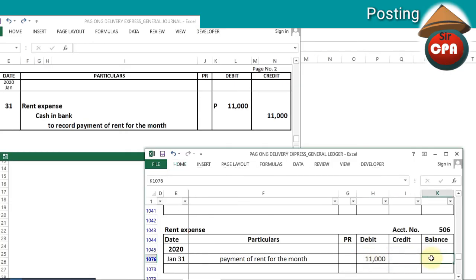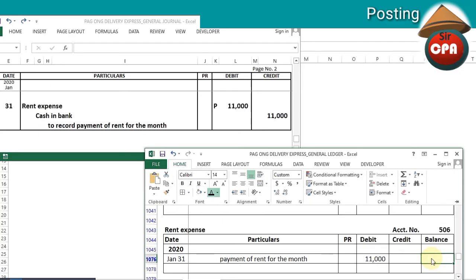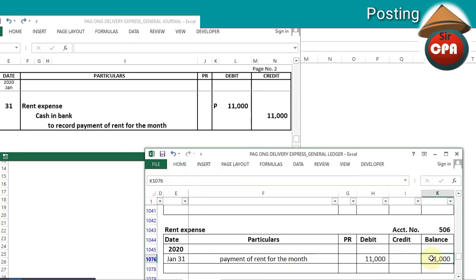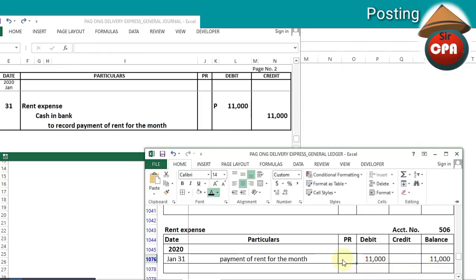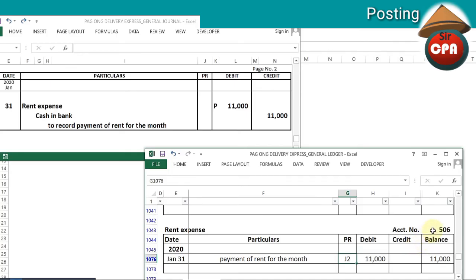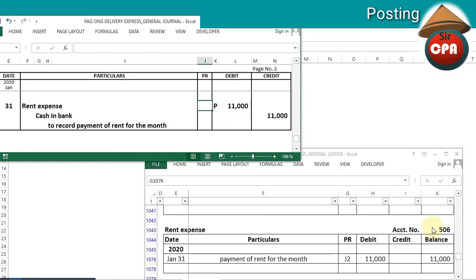And for the balance, there is no other amount involved since this is the first entry for the rent expense ledger. So, we just move forward 11,000. Okay? Post reference, J2 again. Going back to the journal entry, we write its account number, which is 506. And that's it, it is posted.